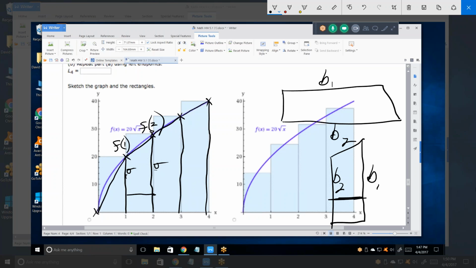That's how I know what B1 and B2 are: f of 1 is 20, f of 2 is 20 root 2. But that method is coming for you right after left ram, mid ram, and right ram. In fact, I wouldn't be surprised if you get that tomorrow or the next day.